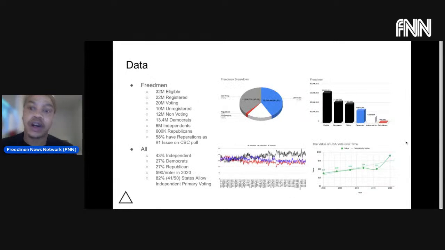Oh, also one last thing. The value of the non-voters: if you multiply 12 million, which represents the amount of Freedmen that aren't voting, by 90, you get a value of basically $1 billion. So that's $1 billion that we're burning every election cycle that we're not spending.